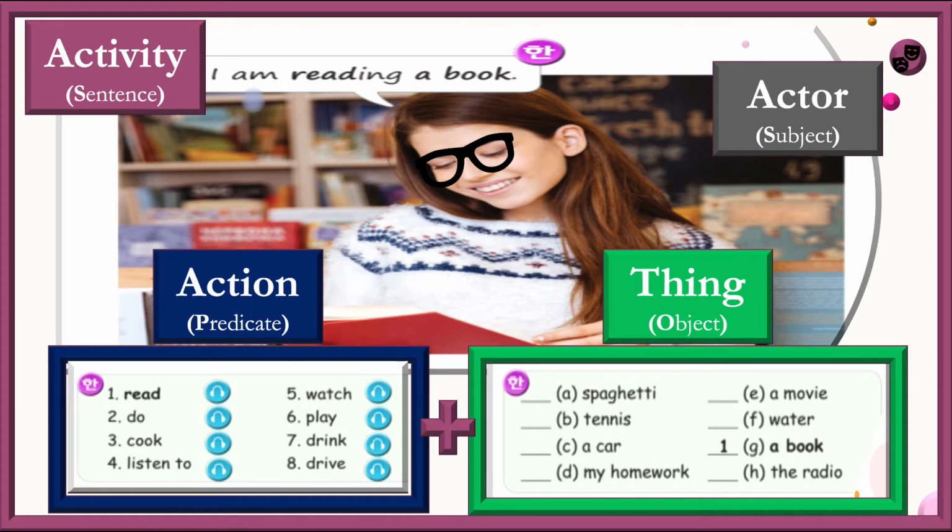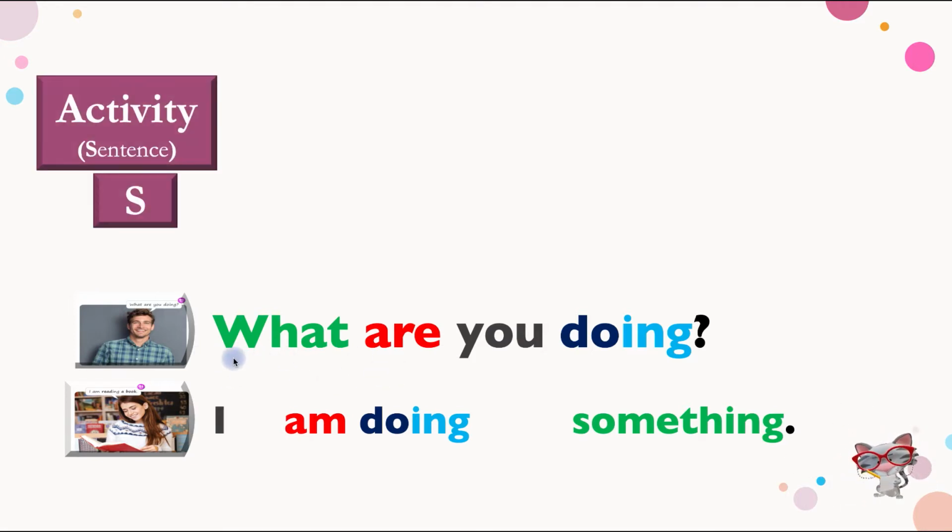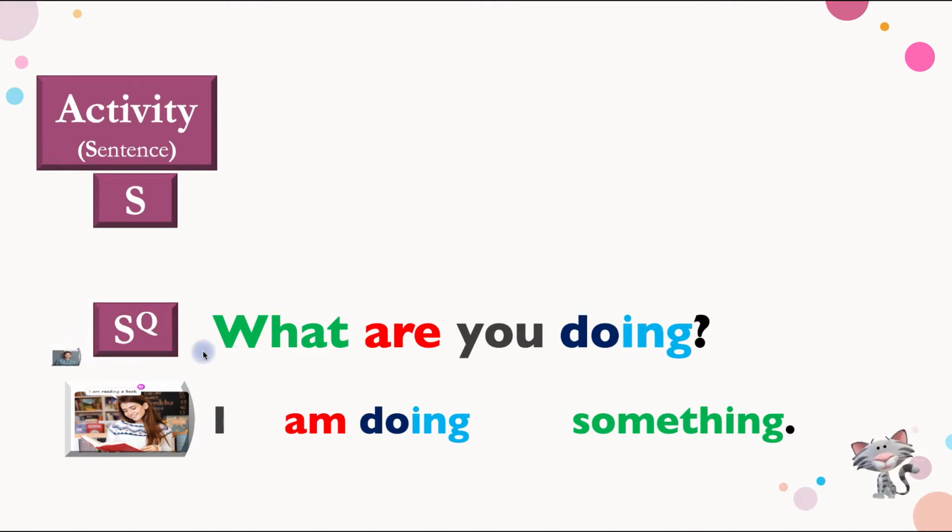But today we are showing how you combine action and thing to make longer, more descriptive sentences about the activity the actor is doing. So we have our 8 actions, we have our 8 things. And they are to answer the question, what are you doing? I am doing something. What are you doing is a sentence. It is what we're going to call here an SQ.